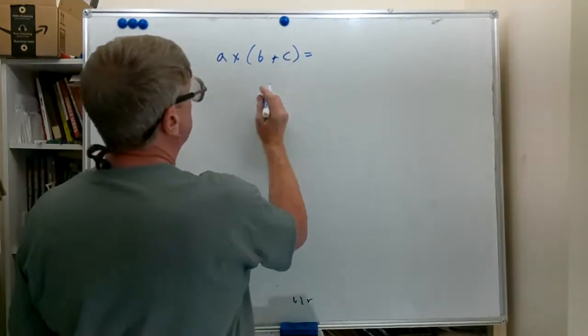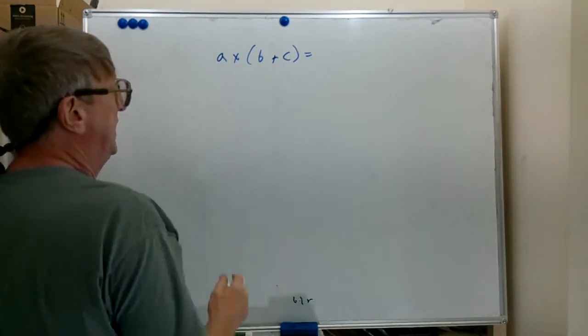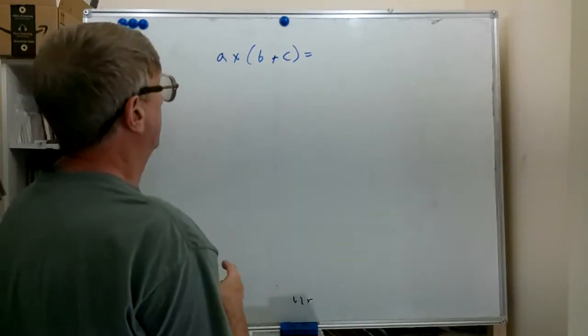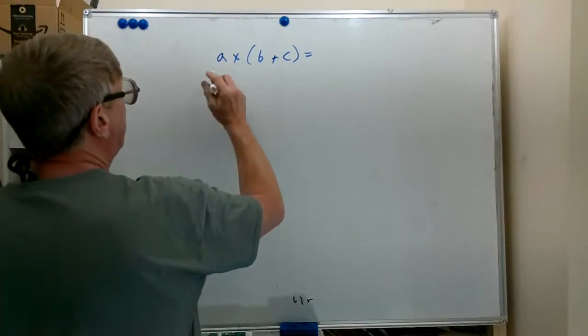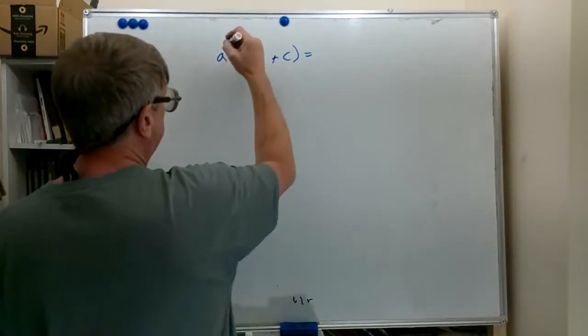So what we have here is we have a multiply and we have a plus. If we had all the numbers, we could do the part in parentheses first and solve for the thing. But we can, what they call, distribute the A over the B and the C.